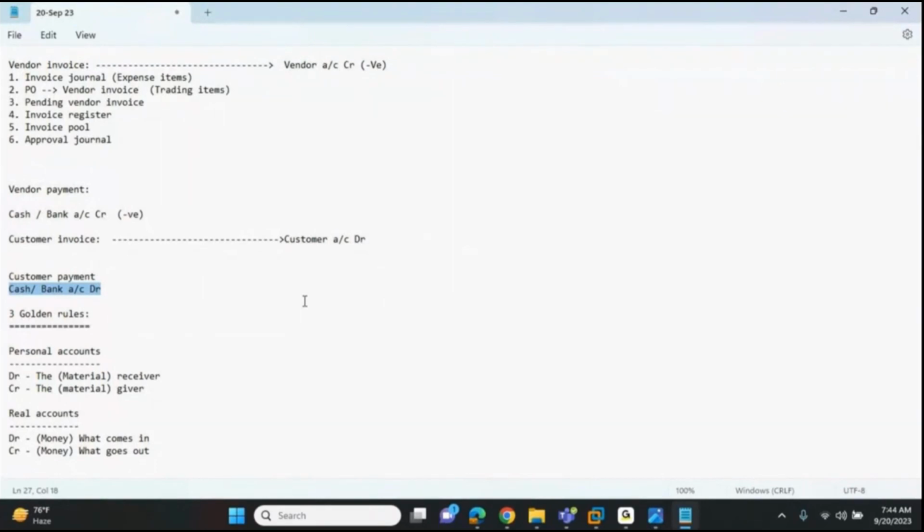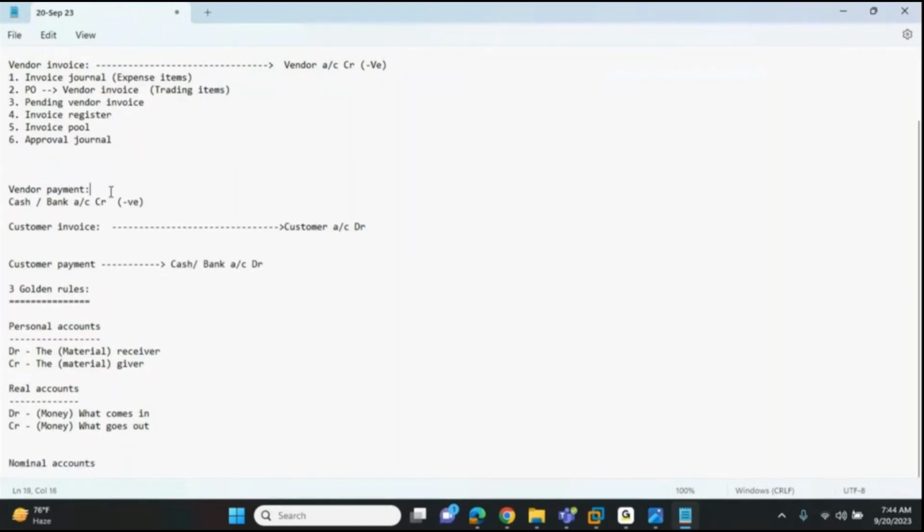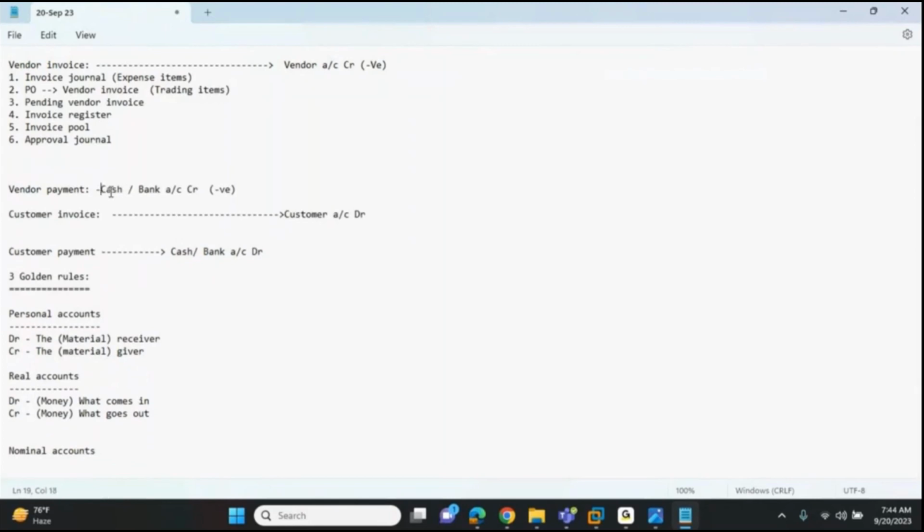So your bank balance will be increased. Positive. At the time of vendor payment, your bank balance will be decreased. Simple rules.